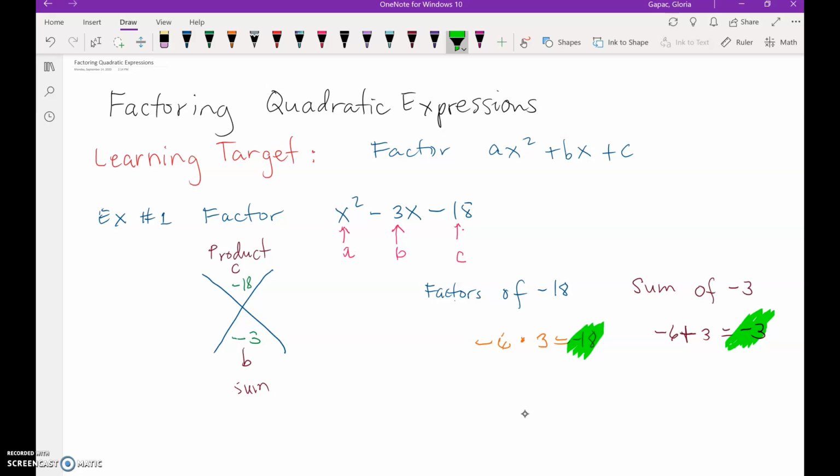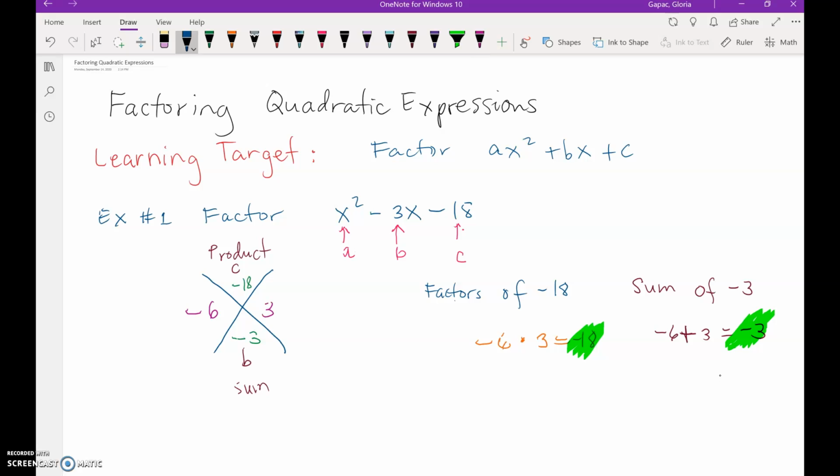So once we have found the pair of numbers that met these two conditions, we're going to have them on the sides of our x method. So negative 6 and then positive 3.